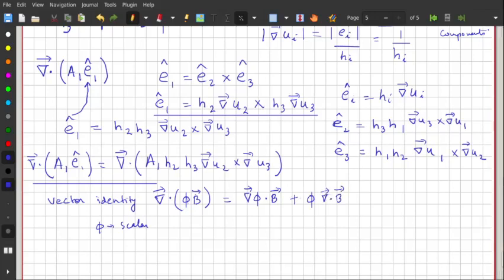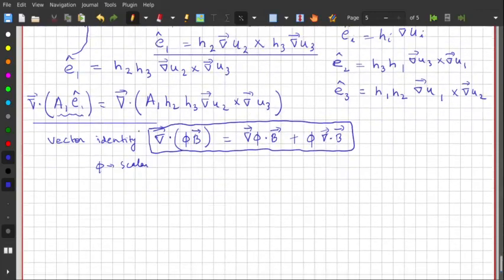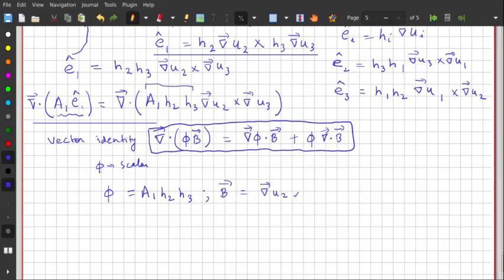Okay, so if we use this identity for A1 E1, we recognize what is phi and what is b. If we compare phi b, we identify that phi is represented by this term, A1 H2 H3, and the b vector by the cross product of grad U2 cross grad U3.